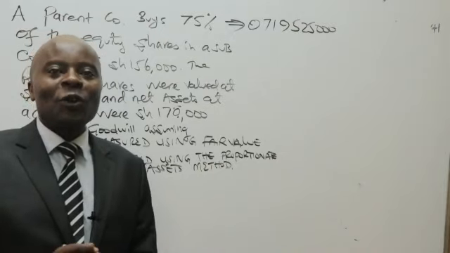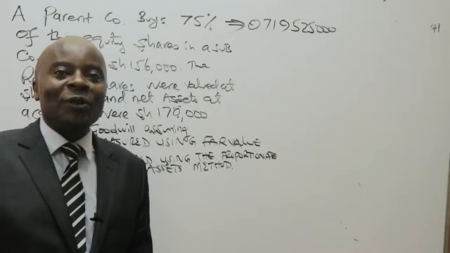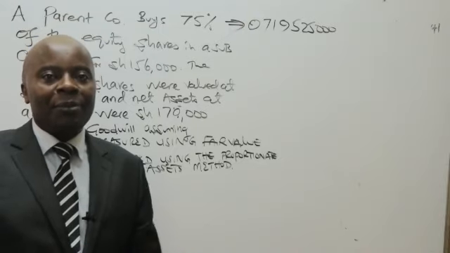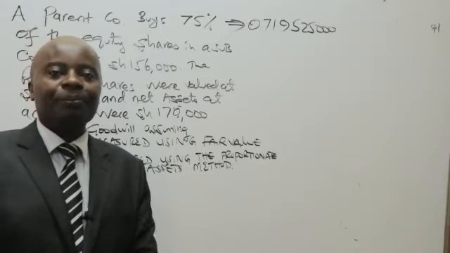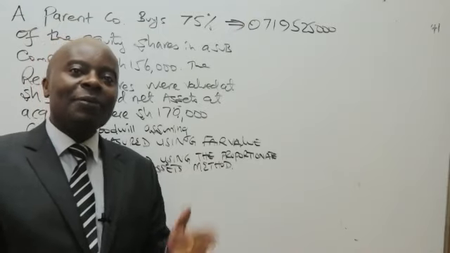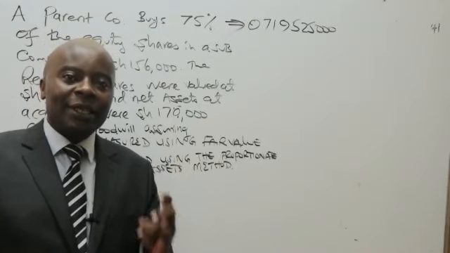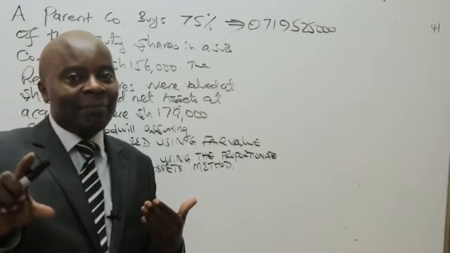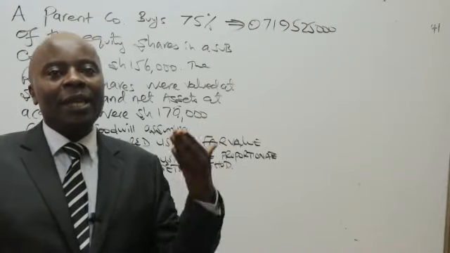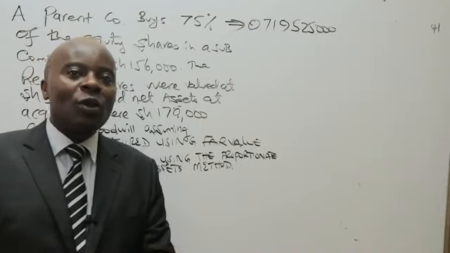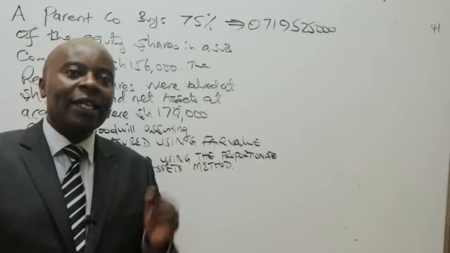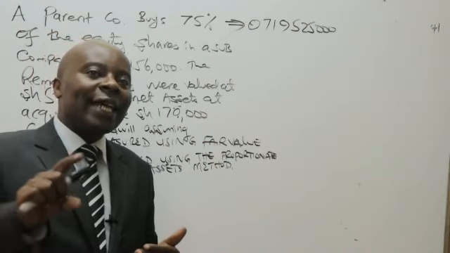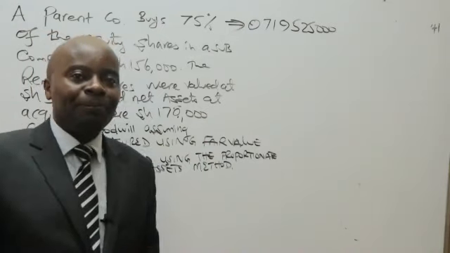Now, ladies and gentlemen, first of all, it will be very important for you to understand that goodwill represents what we call the premium on acquisition. So when a parent company is buying its stake in a subsidiary, whatever amount it will pay to the existing shareholders of the subsidiary for them to exit will, of course, be higher in comparison to the net assets of that subsidiary.